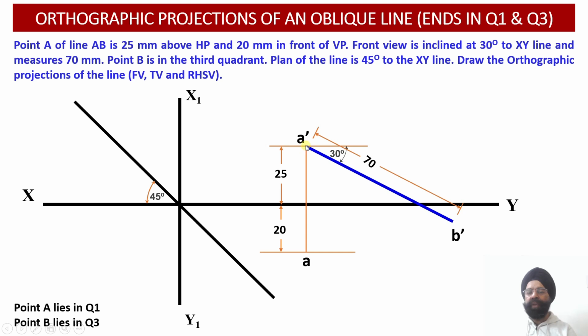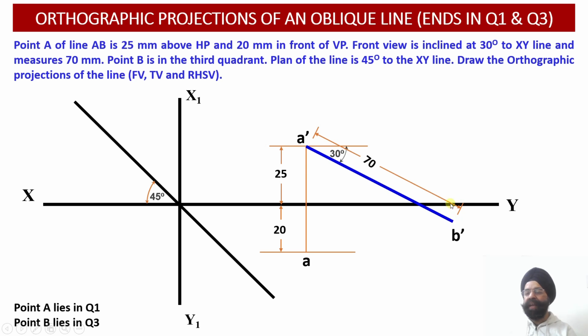So from the point A dash we have drawn a locus line. With respect to this locus line we have marked an angle of 30 degree in the downward direction, so that end B should be located in such a way that the front view projection B dash lies below the XY reference line. Now we will see that point B of the line is located a certain distance below.